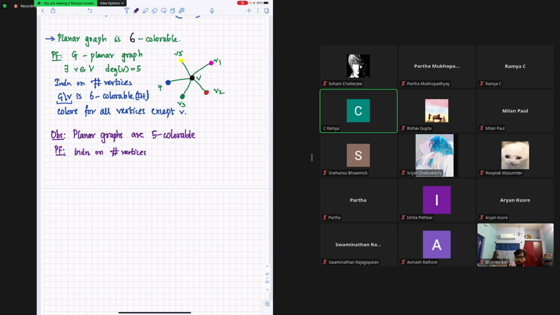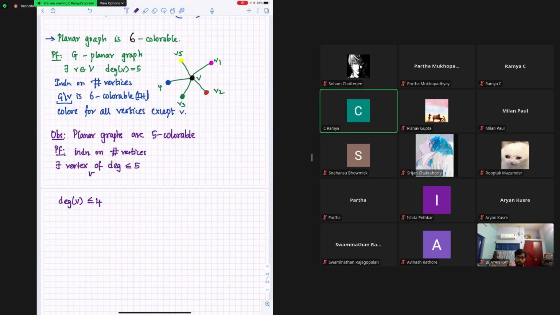So we know that in any planar graph there is a vertex of degree at most 5. Let's call this vertex V. The degree of V could be less than or equal to 4 also.